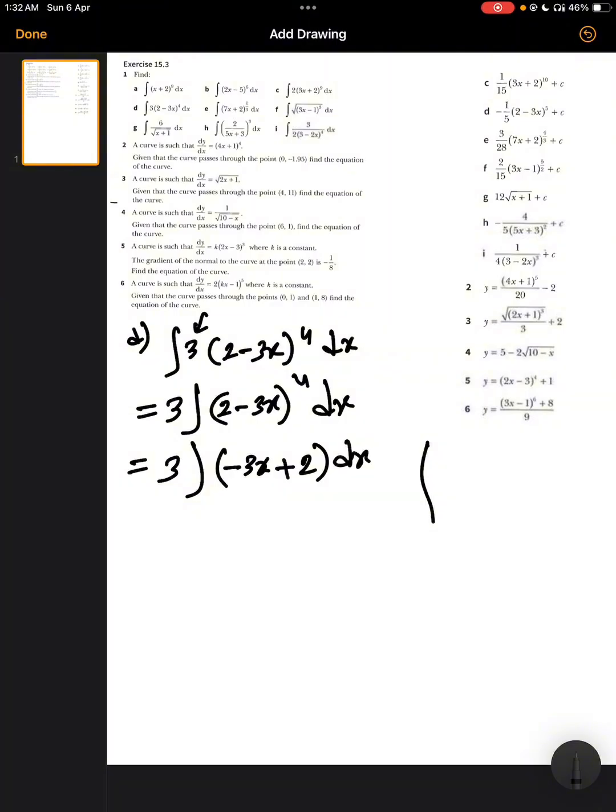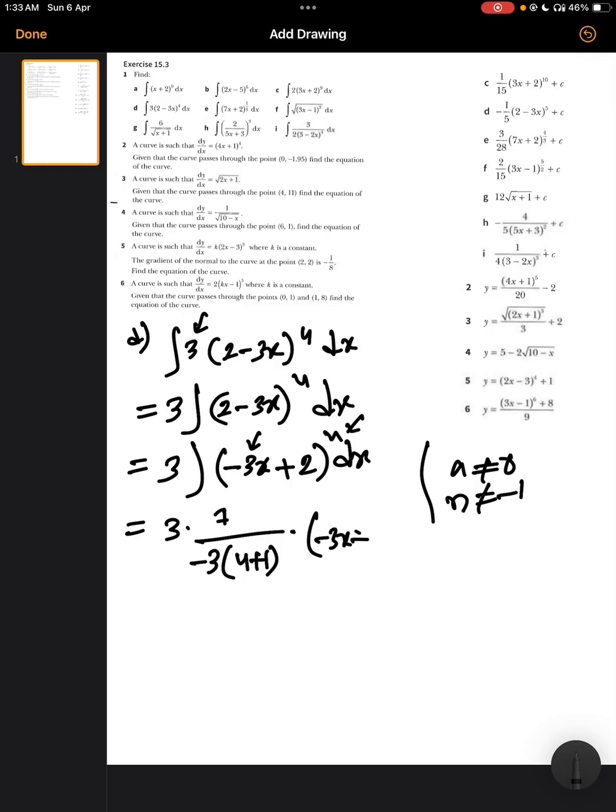Guys, you have to remember that here is a 4. Our condition was a cannot be 0 and n cannot be negative 1. Here a is negative 3, which is perfect, and n is 4, which is perfect. So we can use the formula. Here 3 is a constant, no problem. 1 over a, which is negative 3, times (n plus 1), which is 5, times (minus 3x plus 2) to the power 4 plus 1, which is 5.